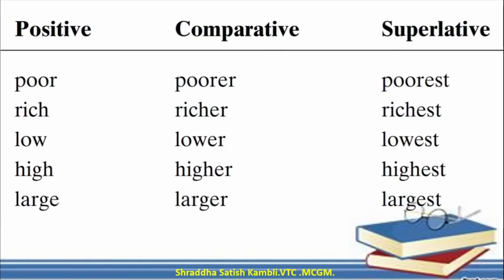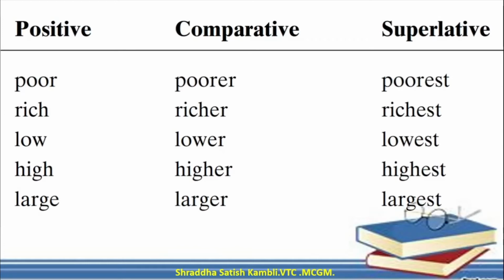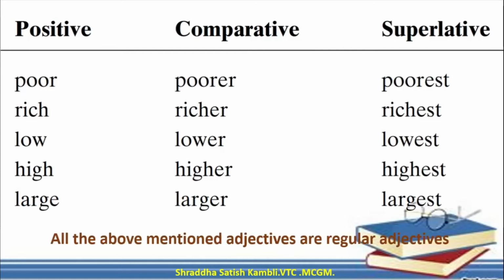So poor, poorer than and the poorest. Rich, richer than the richest. Low, lower than the lowest. High, higher than the highest. Large, larger than the largest. So all these are examples of regular adjectives.